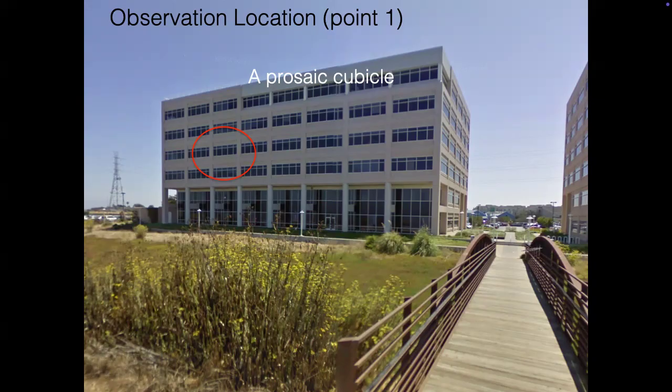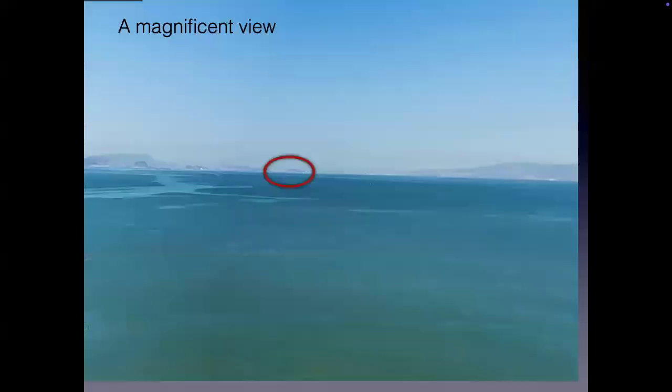When you turn around right there at Foster City, the San Mateo Bridge is also right there. After looking at this building, that circle represents my window, a tiny cubicle, but an executive view out the window. This is a large panoramic window right there at my cubicle.